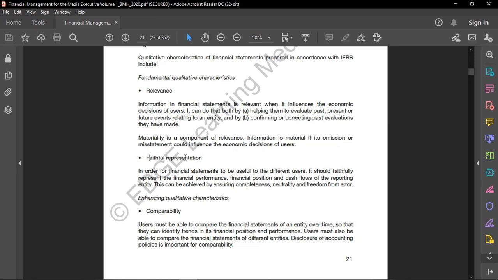Those financial statements need to be faithfully represented. They should also be comparable. So I can compare maybe one year to another, or one type of business to another, or different locations, etc. Comparability helps enhance the qualitative characteristics of the financial statements.